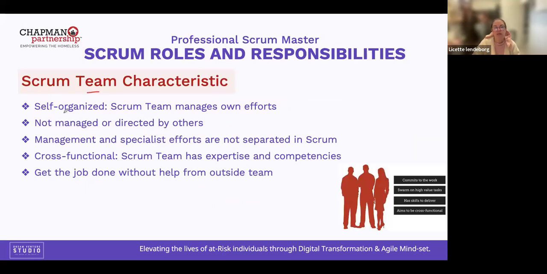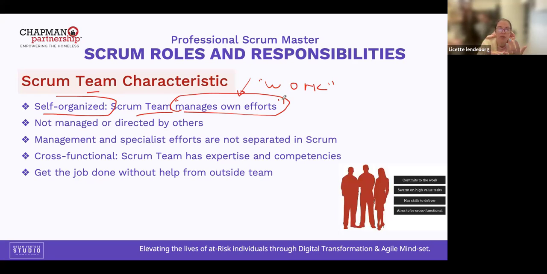The Scrum team is self-organized, meaning that the Scrum team makes decisions about what to do and how to implement or execute the work. We know what we're doing. Let us decide how to do it, when to do it, who's going to do it, as a team.